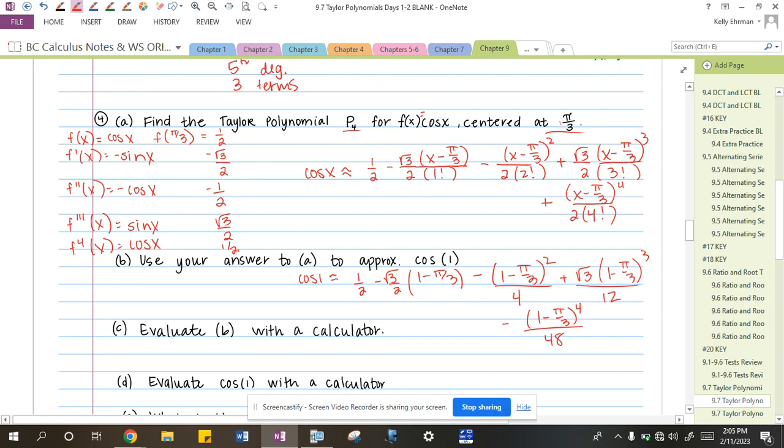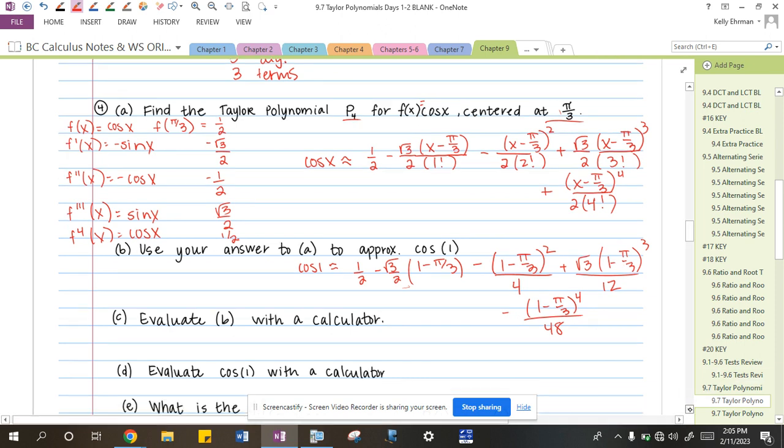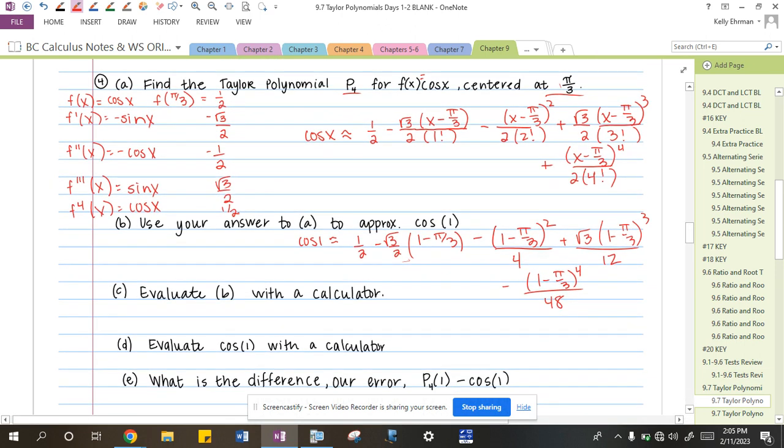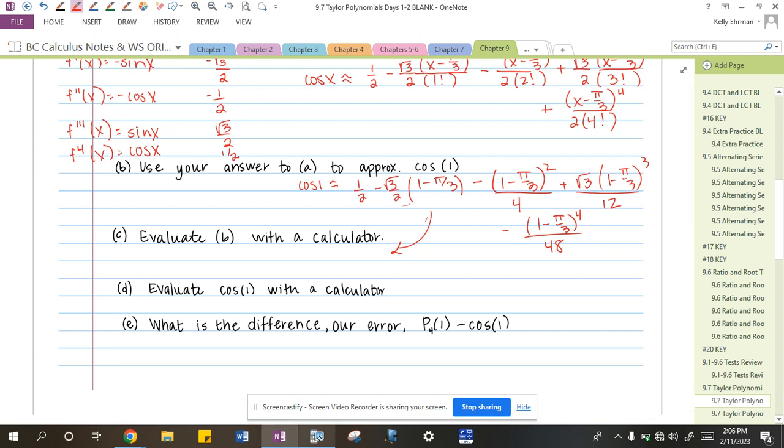So approximating in my calculator, I didn't write it down on my paper either. So we could type all that in and get something. And then now what happens if we just use our calculator to actually type in this answer. Okay, so you get some sort of decimal approximation. What if we do type in cosine of 1?